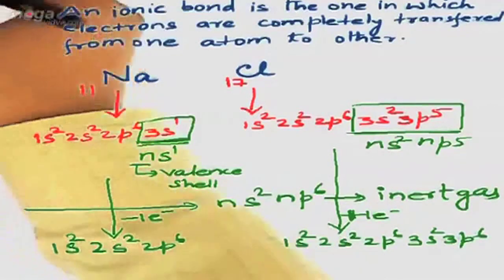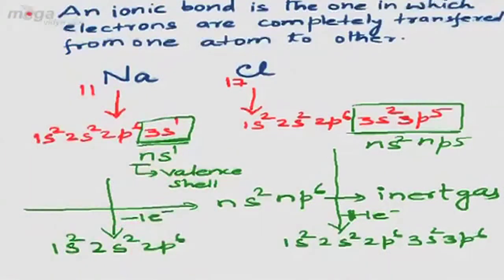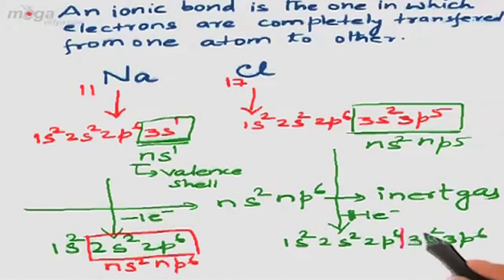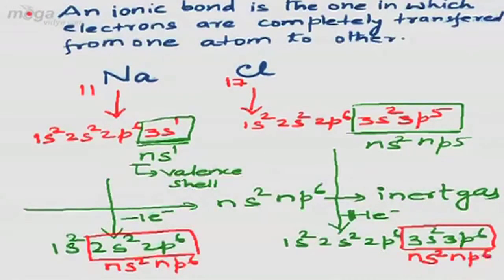So after the loss of one electron from sodium and gain of one electron by the chlorine atom, the new valence shell configuration of sodium is 2s2, 2p6, which now resembles the ns2np6 configuration. In the same way, in chlorine also, after the gain of one electron from the sodium atom, its new configuration is 3s2 3p6, which resembles ns2np6.